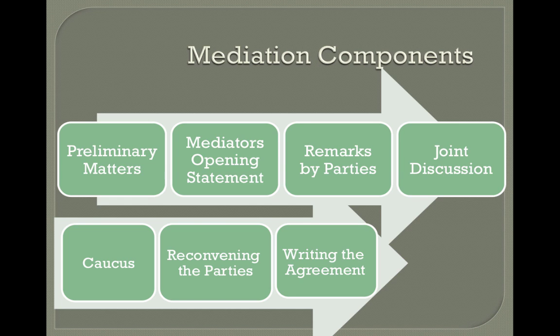And then the reconvening of parties takes place, and these steps in terms of joint discussion and caucus can happen all day if necessary, with joining in discussion and then each side getting to speak to the mediator on their own. There is a reconvening of parties, and hopefully then the issues are resolved and that results in a written agreement.